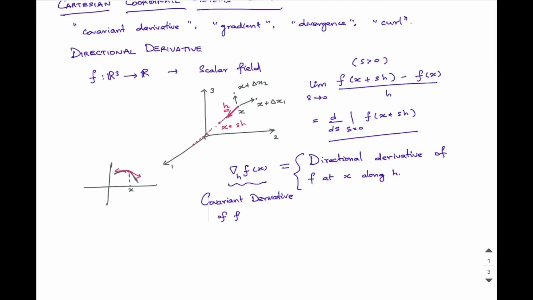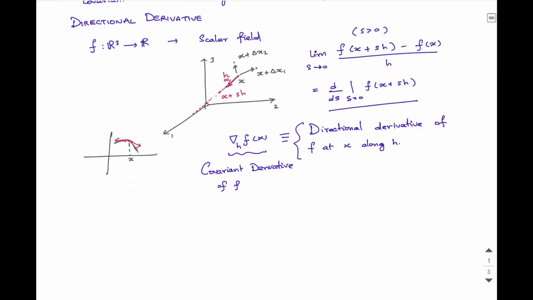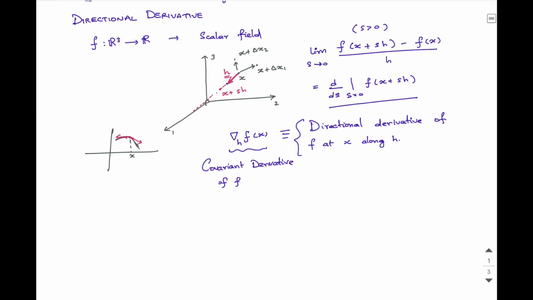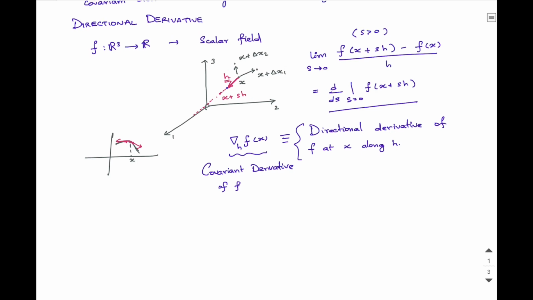So these are identical notions. I will define the covariant derivative in terms of the directional derivative. The idea of a covariant derivative is that it generalizes the notion of a directional derivative for vector and tensor fields. But I'm going to adopt a very simple definition to start with. We'll look at the Cartesian setting, in which case these are identical. Okay, so that's all good.